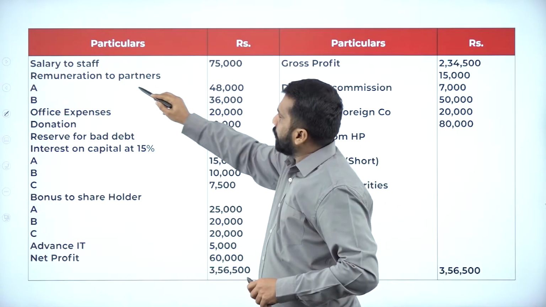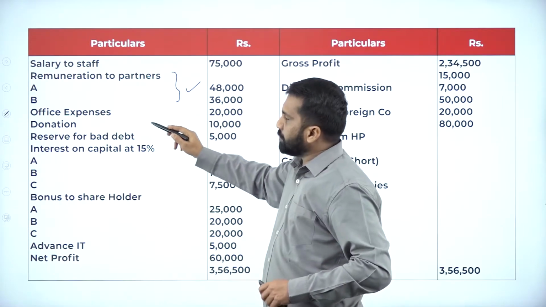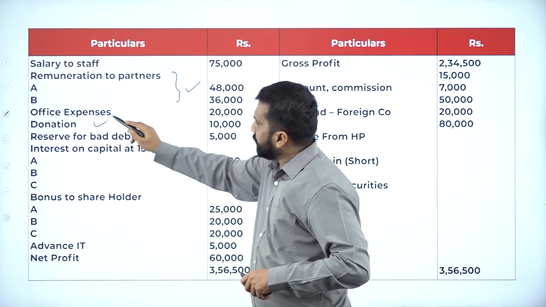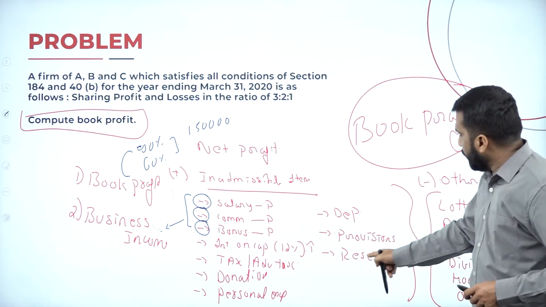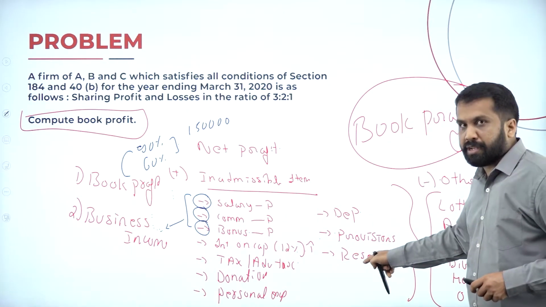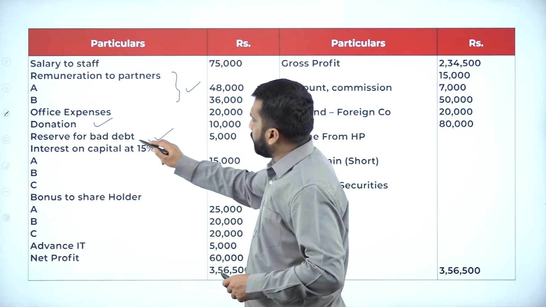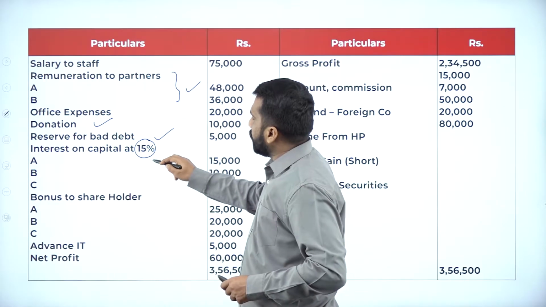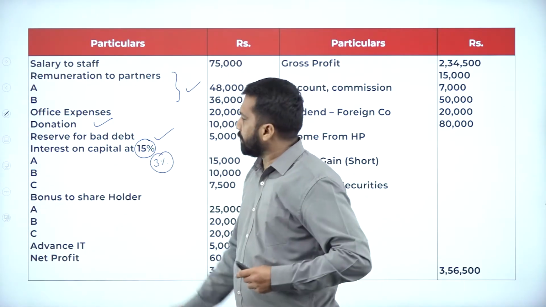No. Remuneration to partners? Yes. Office expense? No. Donation? Yes. Reserve? See, I gave you, any reserves you are supposed to take. So reserves? Yes. Interest on capital, 15% is there. Only 3% we are supposed to take because excess of 12%.